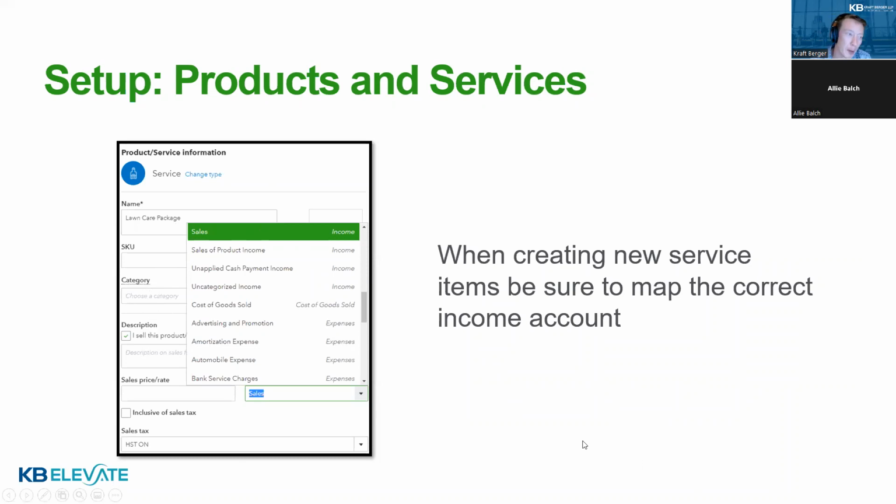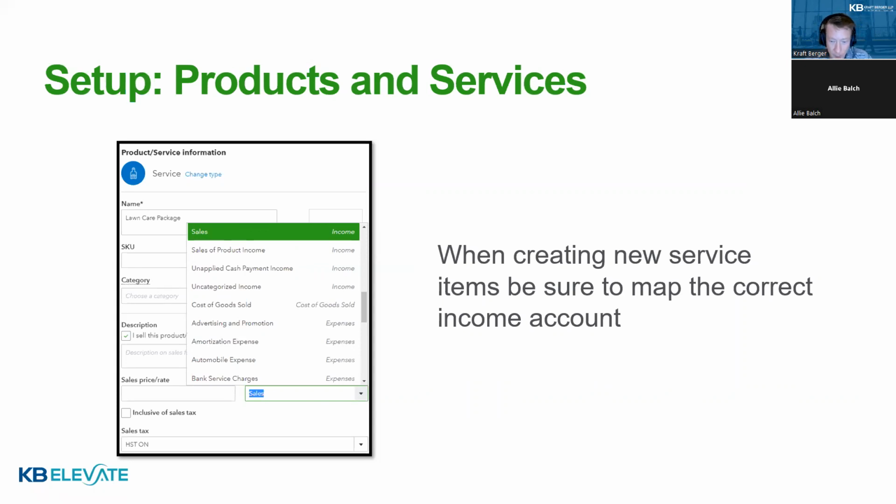What's really important to get right here is to select the appropriate income account. Once I open that, QuickBooks will allow me to map this to an expense account or cost of goods. There may be situations where that's correct, but if this is income for your business, make sure that it is tied to an income account that is relevant to your business.